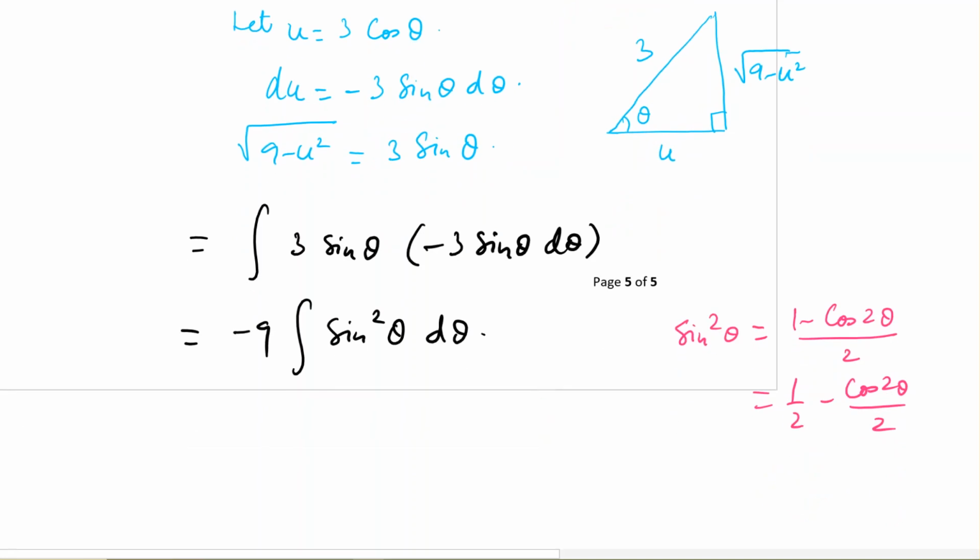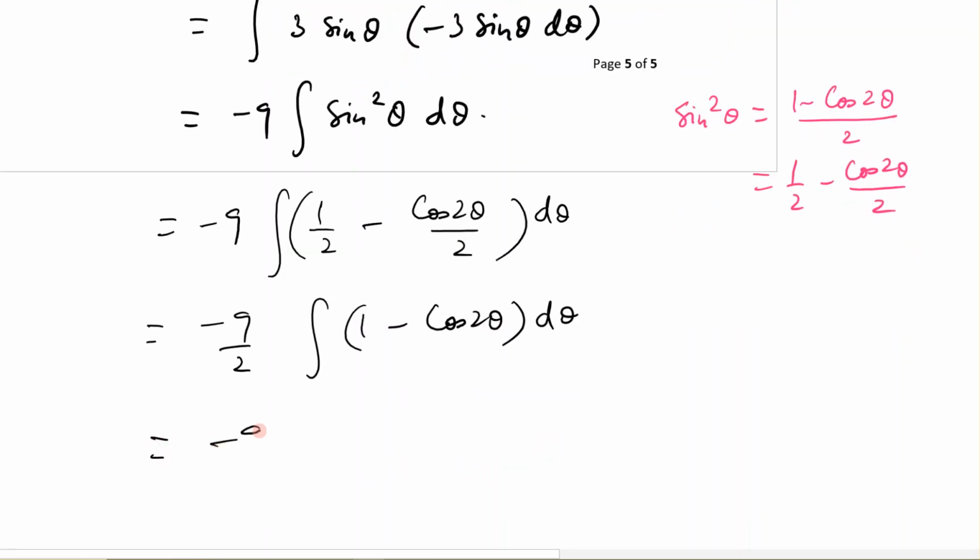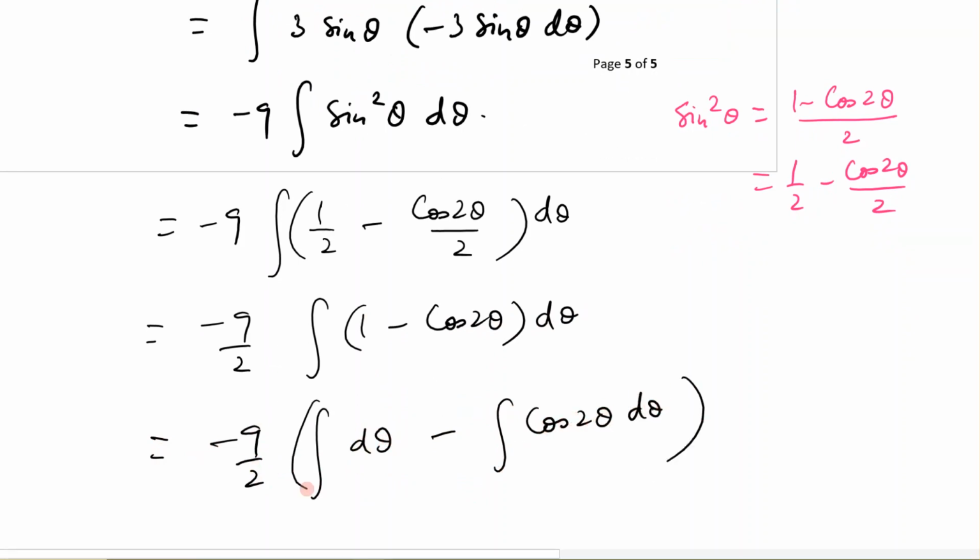So we can write this integral as -9 and then 1 over 2 minus cosine 2 theta over 2 d theta, or even we can take 2 out, so we get -9 over 2 integral of 1 minus cosine 2 theta d theta, or in other words, we get -9 over 2 integral of d theta minus integral of cosine 2 theta d theta.